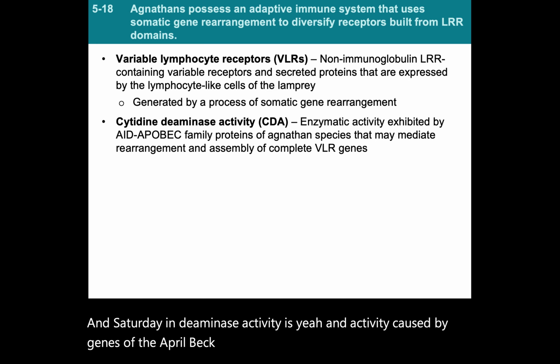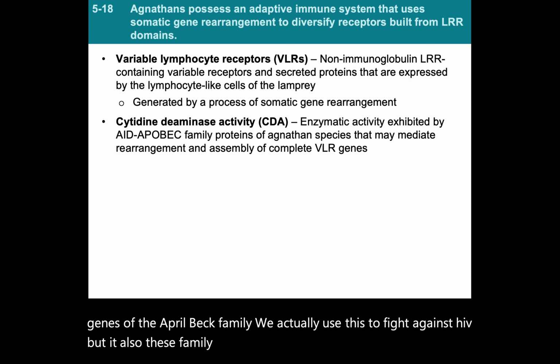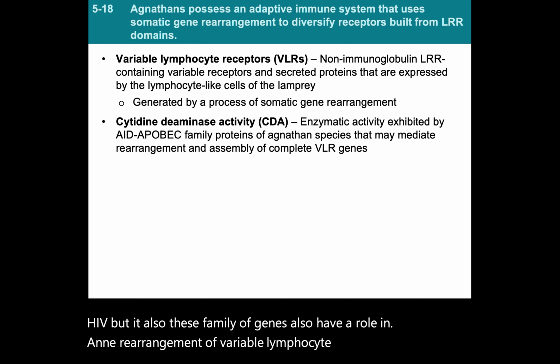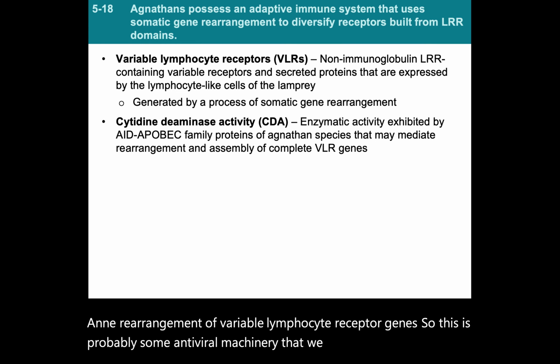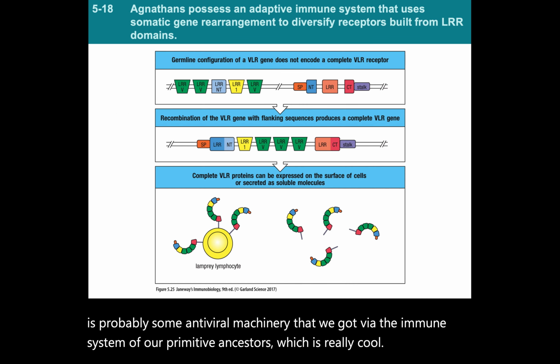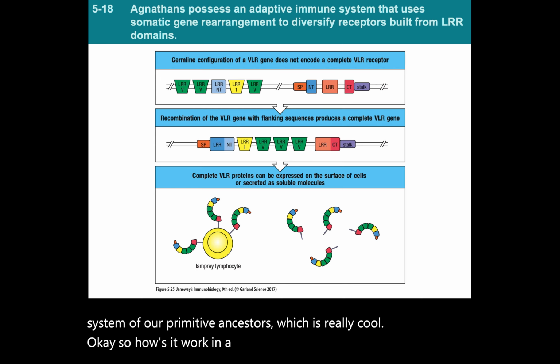We actually use this to fight against HIV, but this family of genes also has a role in rearrangement of variable lymphocyte receptor genes. So this is probably some antiviral machinery that we got via the immune system of our primitive ancestors, which is really cool. Okay, so how does it work in a little jawless fish?